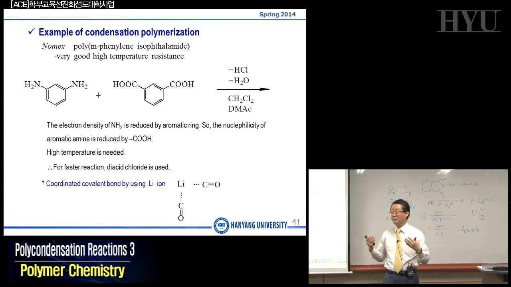It has less strength than Kevlar, but still it has a very high thermal stability because of the aromatic ring and the amide linkage in the backbone structure. It has less strength, but of course a little bit more flexibility.